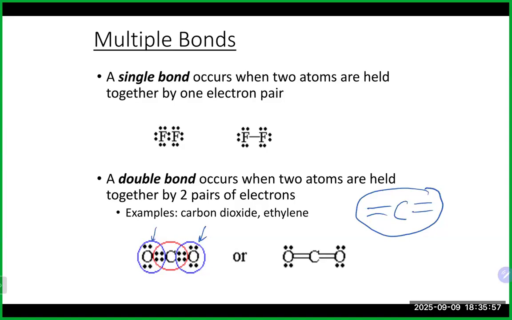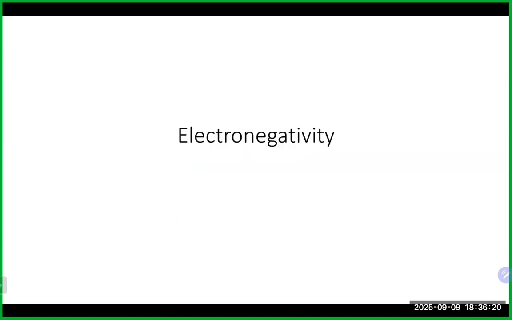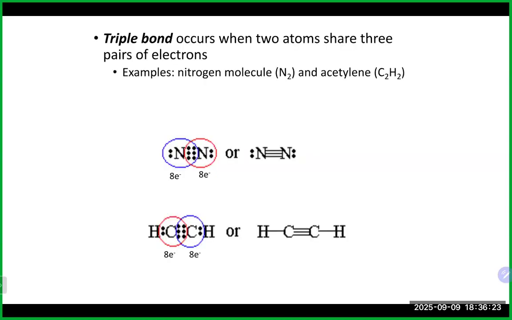So sometimes it takes one double bond to get you there, maybe 2 double bonds to get everybody into that octet rule. Obviously, as I mentioned before, a single bond, one individual line, is a pair of electrons. A double bond, 2 lines, represents 2 pairs of electrons. And then sometimes it does take a triple bond to get yourself to the octet rule, and that happens, for example, with nitrogen.